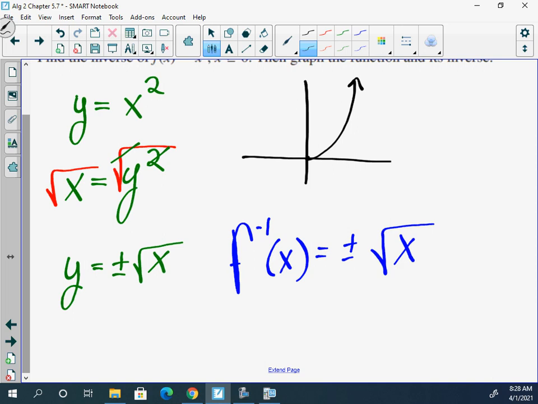Now the domain, the x values for this are positive. The range, the y values are positive, yes? So when I switch it, for the inverse, the values that are going to plug in are going to be positive, because that would be the range. The range for f of x is the domain of f inverse, because we flip them.